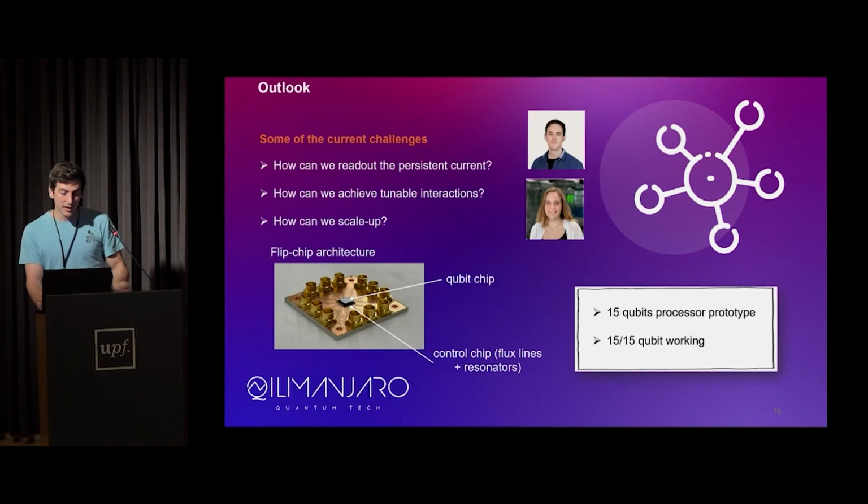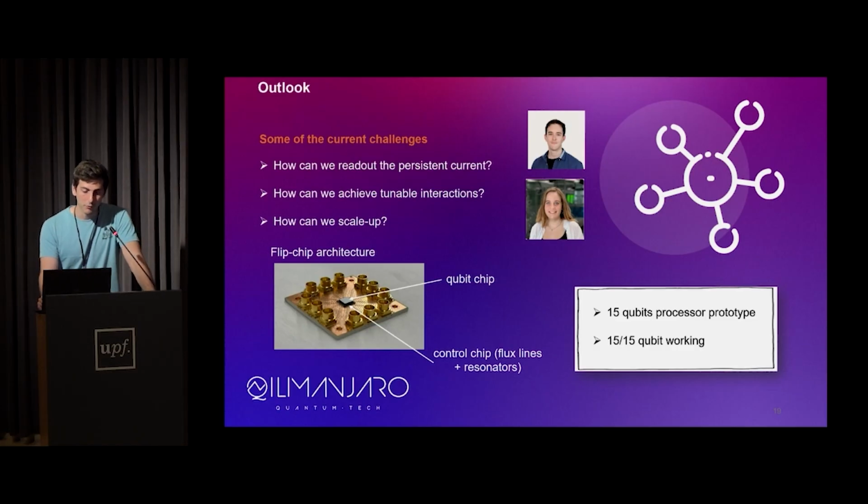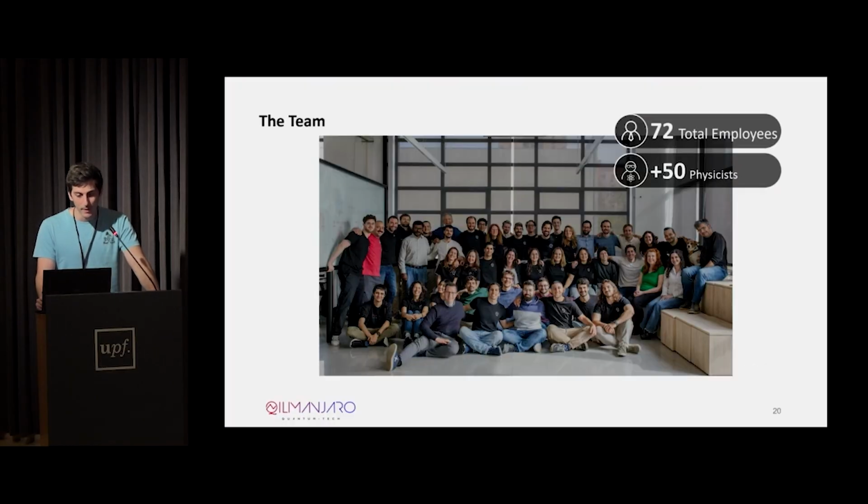And very recently, we started to measure one of the first flip chip prototypes containing 15 qubits, and we measured 15 out of 15 qubits working, which is really good news. So, stay tuned for additional results on this. And with a nice picture of our team, which is probably already not up to date, thank you all very much for the attention.